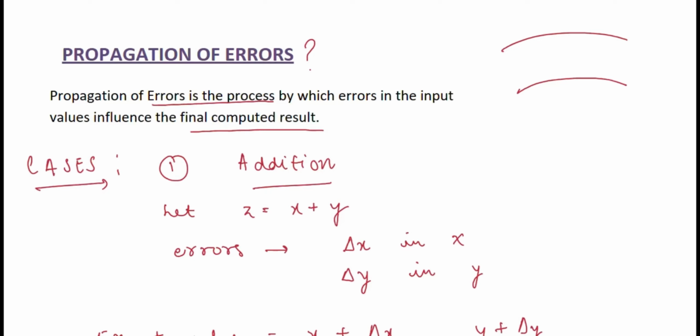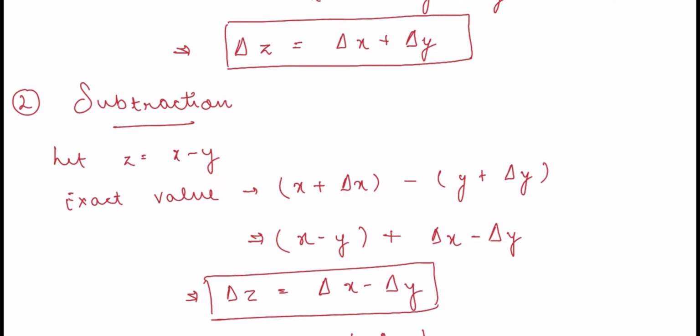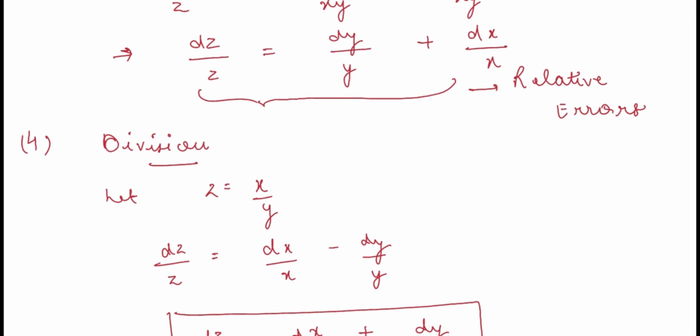Therefore, understanding error propagation is essential in engineering and scientific computing. With this, we conclude our discussion on accuracy, precision, significant digits, and propagation of error. These concepts form the foundation for numerical analysis and will help us evaluate the accuracy and reliability of every numerical method we study in the future.